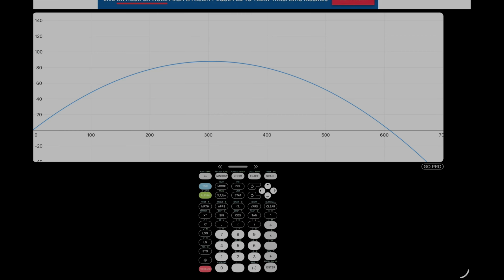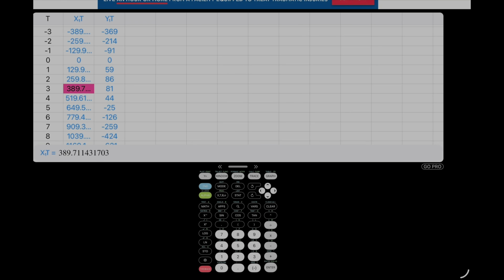Yeah? All right, so t is not on here. T is working behind the scenes. If you go to second and table, you will see that you're at time 0, your x is at 0, your y is at 0. But at 1 second, the x, the horizontal distance that it is away, is 129.9 already. And this vertical height above the ground is 59. Now, this was in feet, right?